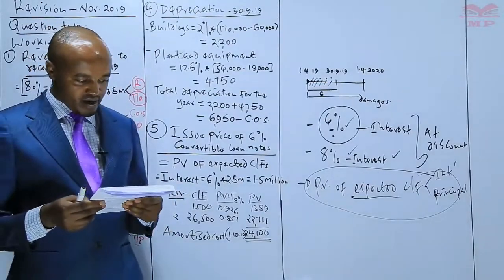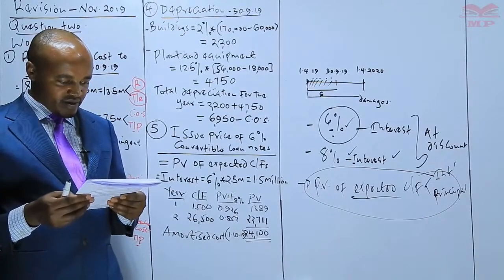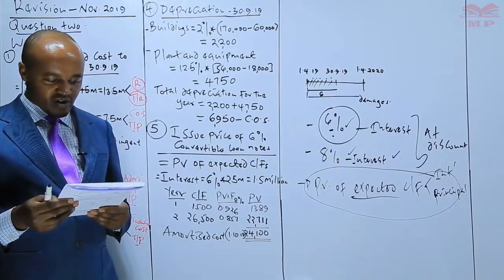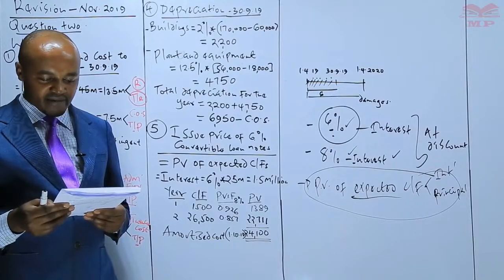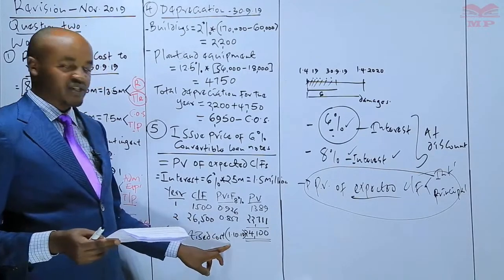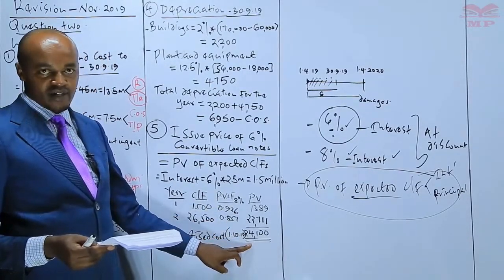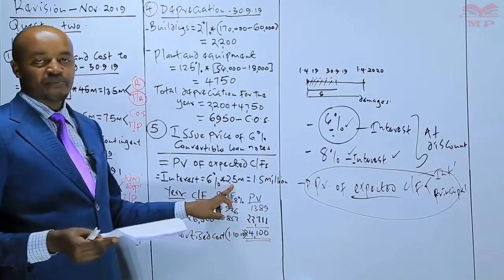But there is another point which we are told. If you go to note 4, second paragraph, we are told Skytex Limited recorded the full amount in the liabilities. So what that means is that the amount recorded as a liability is not the issue price of 24.1 million, but rather the full amount of 25.